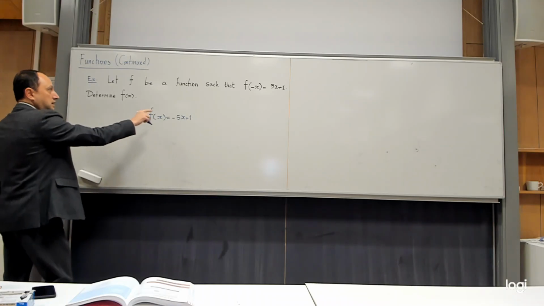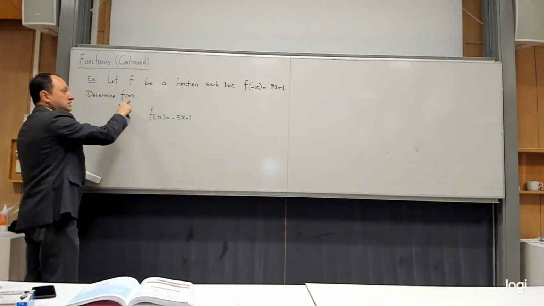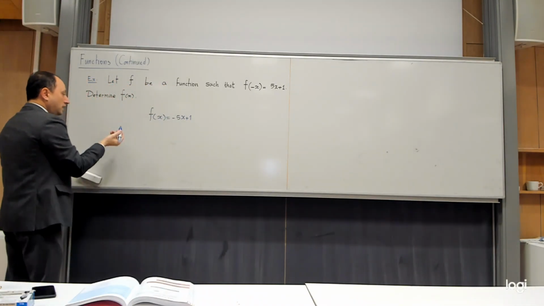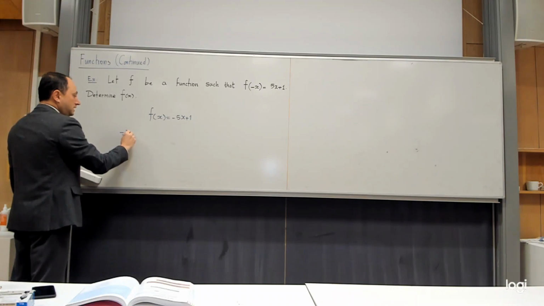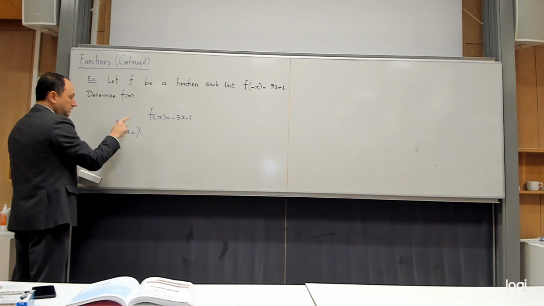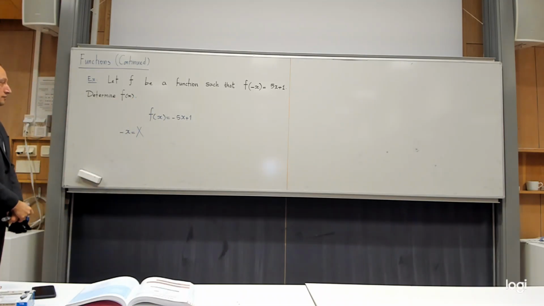So here, if you want to determine the function f of x, if f of something else is given to you, one way is to name the new variable, minus x, to introduce a new variable for that expression inside f.